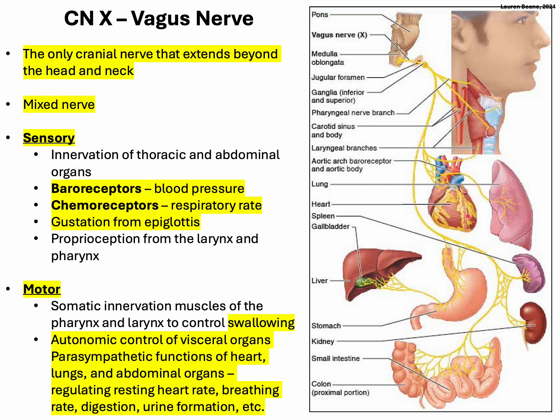So, normal heart rate, normal blood pressure, normal breathing rate, promoting bile production, food digestion, urine formation, and nutrient absorption. Right? The vagus nerve is providing all of that innervation for that parasympathetic division of the autonomic nervous system.